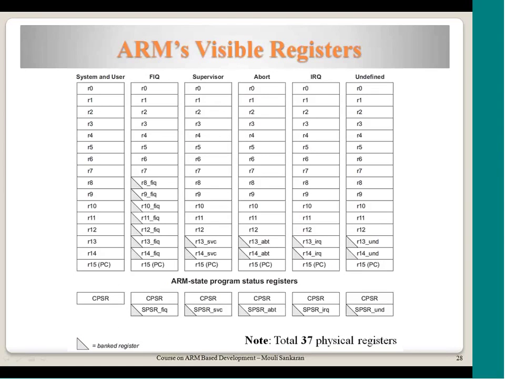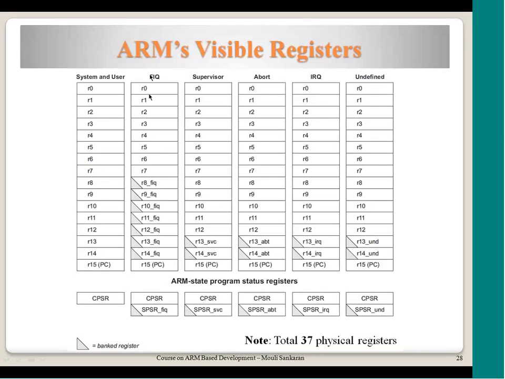Now, let us go back to the old example of going from the user mode to FIQ mode on an interrupt. What happens is that suddenly, during this FIQ mode, this register is visible, and you get a new set of registers, the 7 registers from R8.